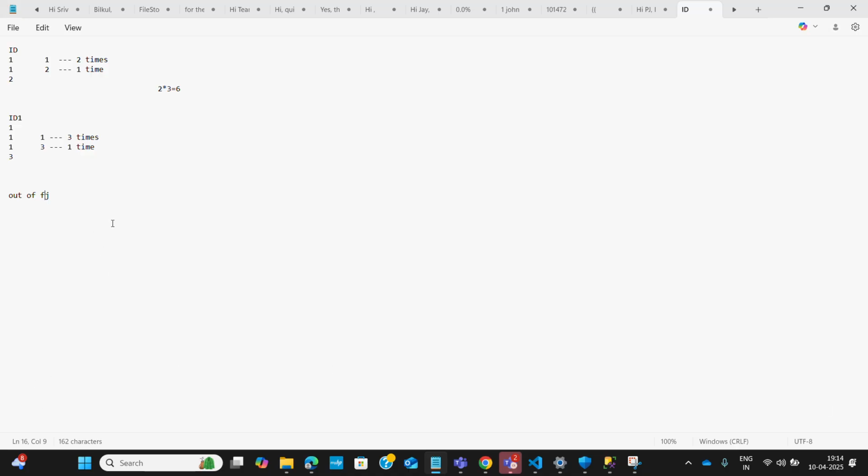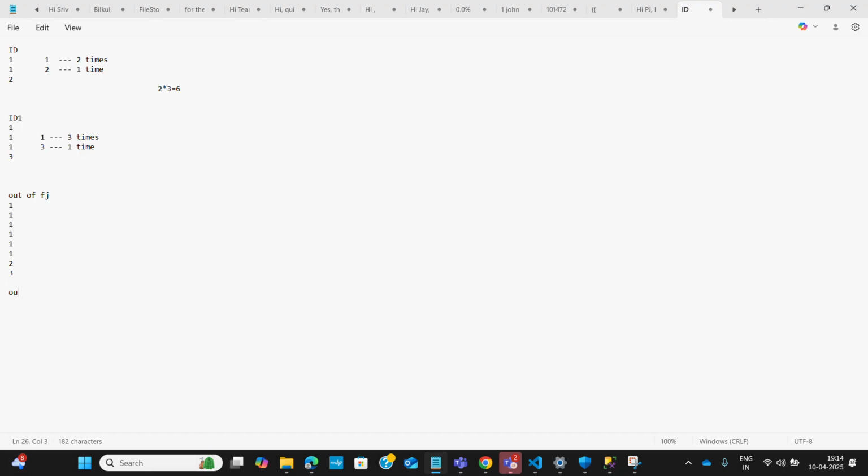Got it? So what was the output of inner join? 6 rows of 1. Other than that, 2 and 3 also, because 2 was the output of left join and 3 was the output of the right join. So this would be the output of full outer join.